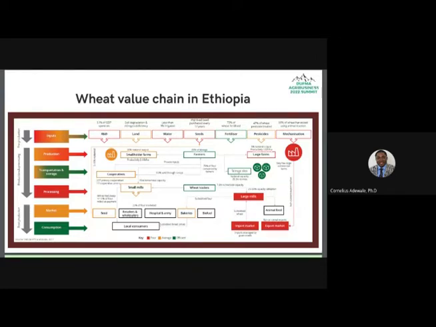But if you look at some of those points, for instance, let's look at water, let's talk about irrigation. Less than 1% of wheat production in Ethiopia is irrigated. Same thing in Nigeria.